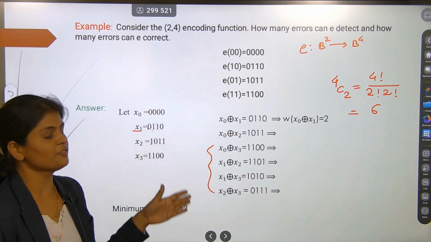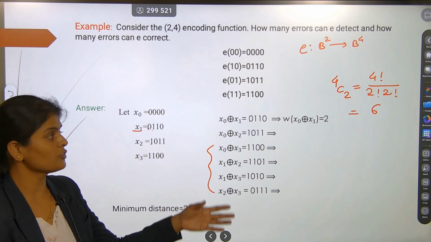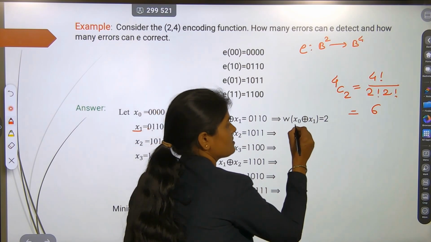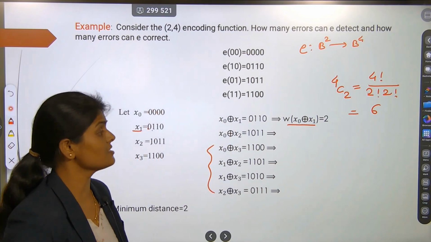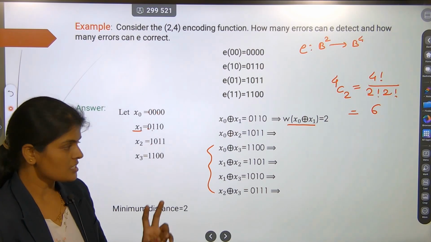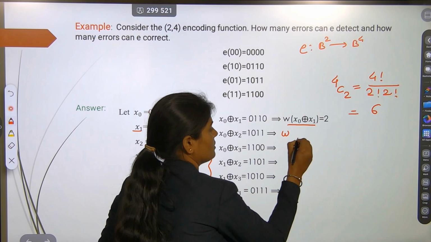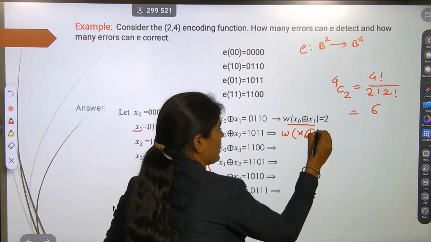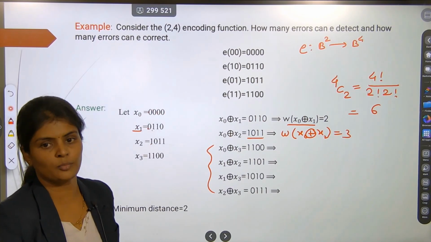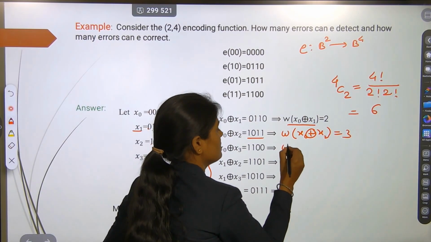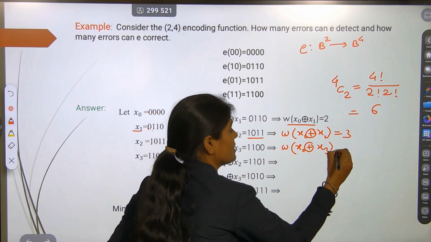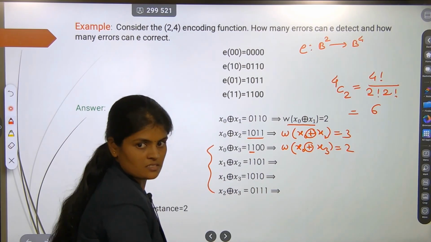After finding the XOR function, we have to calculate the weight of these distinct pairs. The weight of x0 XOR x1 is 2, because this code word contains 2 ones. Similarly, the weight of x0 XOR x2 is 3, because this code word contains 3 ones. Next, the weight of x0 XOR x3 is 2, because there are 2 ones.